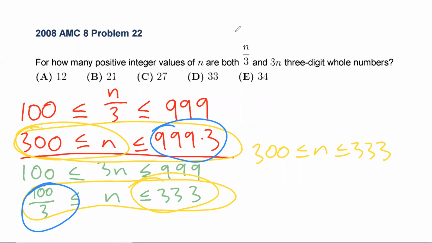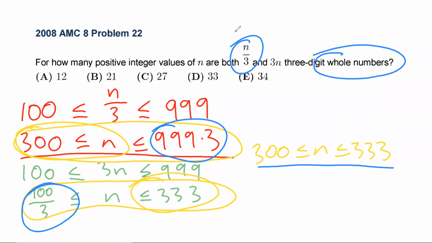From here, you might be tempted to choose E. But don't do that, because they tell you that n divided by 3 is, more importantly, a whole number. And for that to happen, n has to be a multiple of 3. So not every n within this range works. Only the multiples of 3 do. And it turns out that there are only 12 multiples of 3, which means the answer is A.